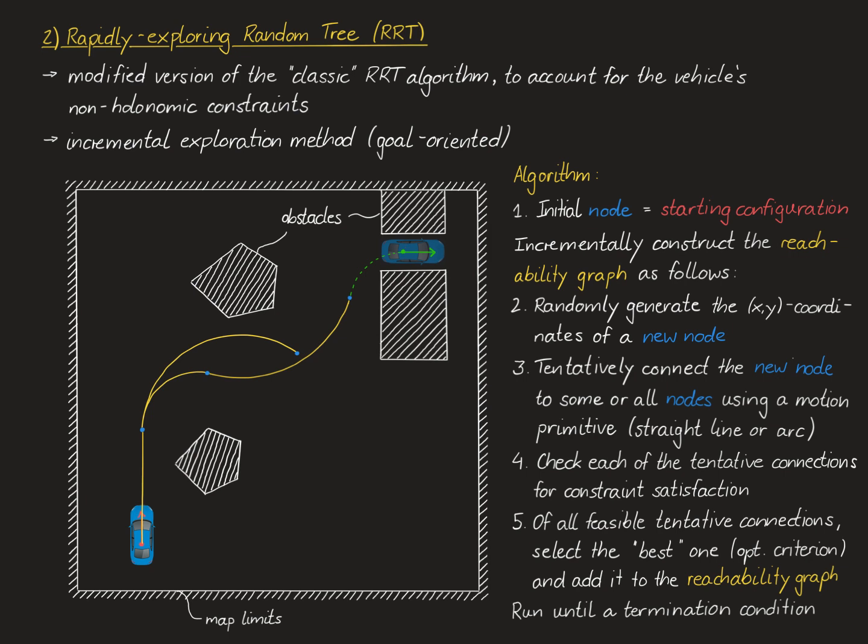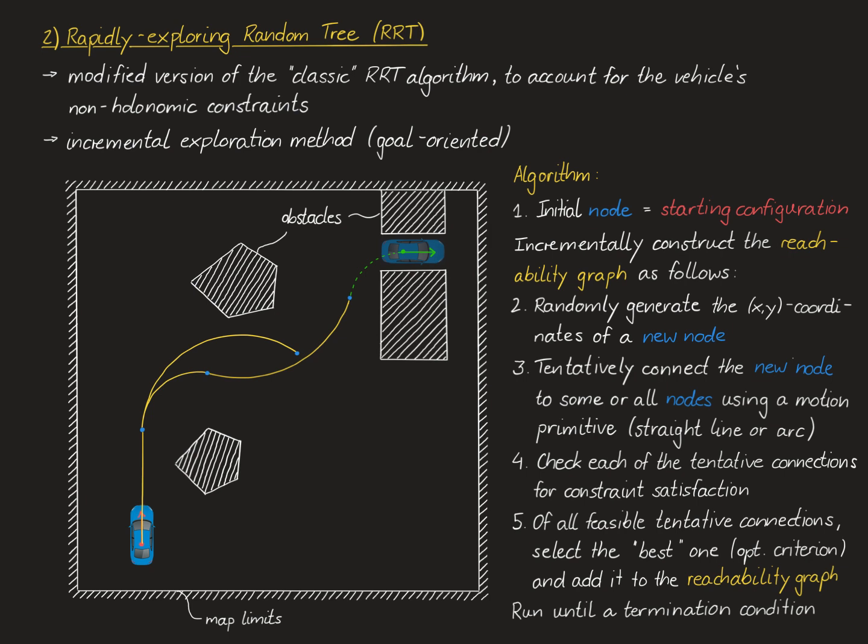Clearly, there are several details of this algorithm that have not been specified or that can easily be changed. This means that this algorithm is really a whole family of algorithms. For example, we have not specified according to what distribution this new node here is generated.